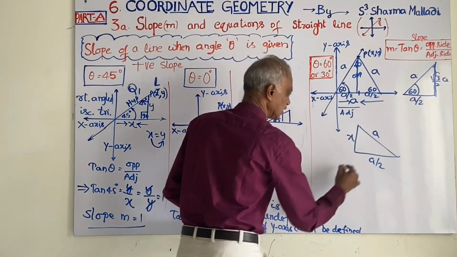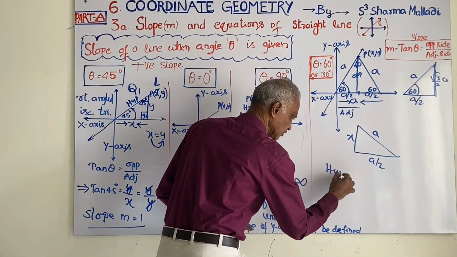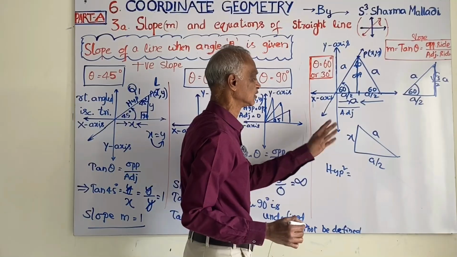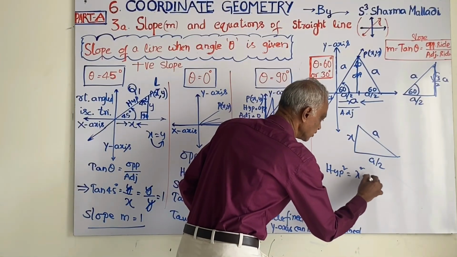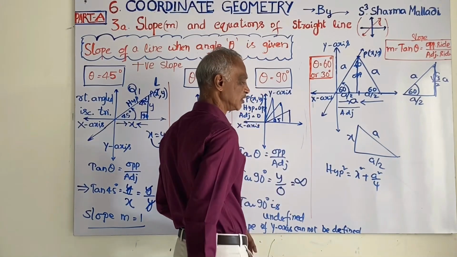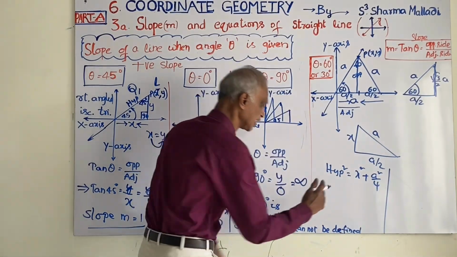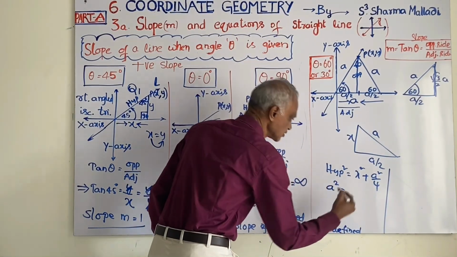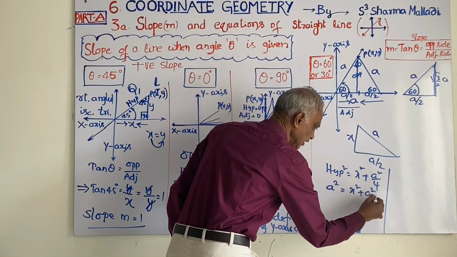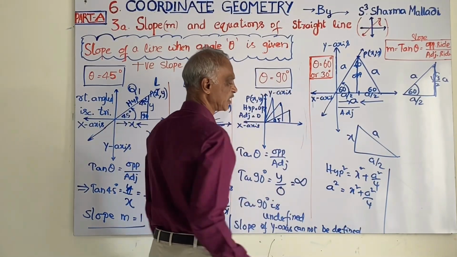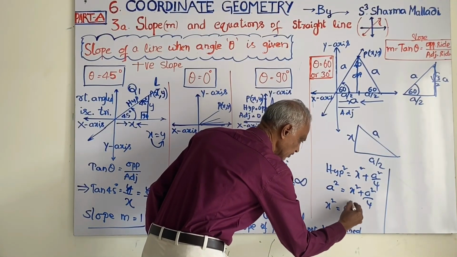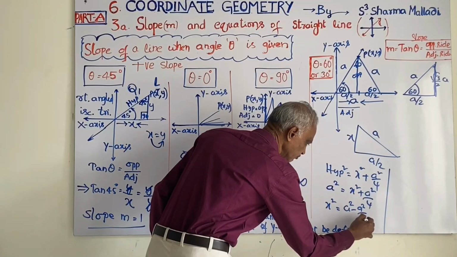Hypotenuse squared is equal to the sum of the squares of the other two sides: a square is equal to x square plus a square by 4. Now we have to find the value of x. x square is equal to a square minus a square by 4.